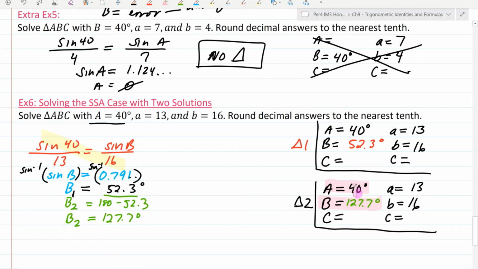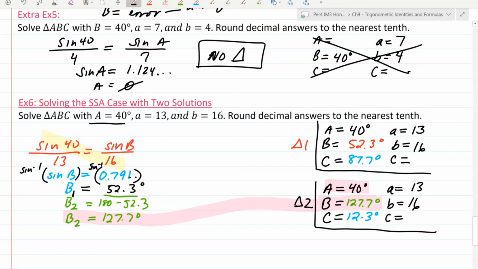So the second triangle's B value and the given A value are not over 180. That means you will have a second triangle. If you add these together and subtract from 180, you get 12.3 degrees. At the top triangle, if you add these two together and subtract from 180, you get 87.7 degrees.